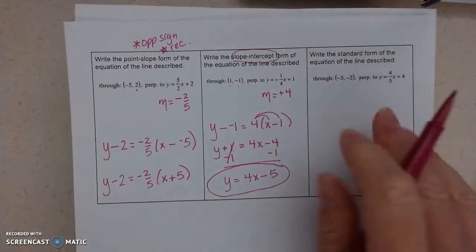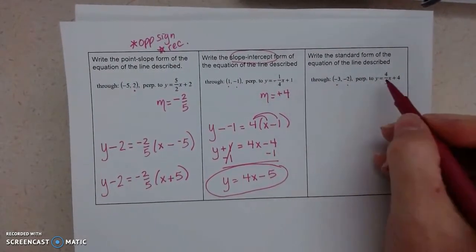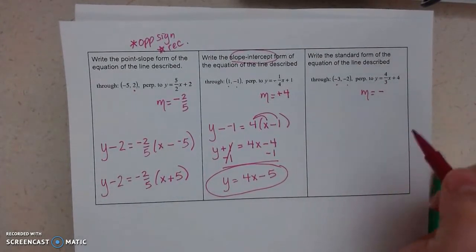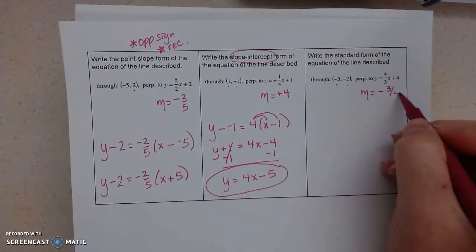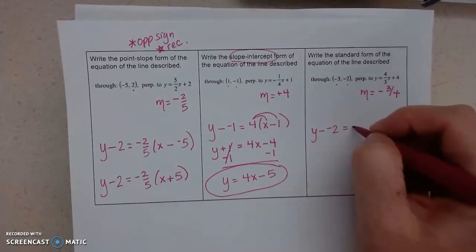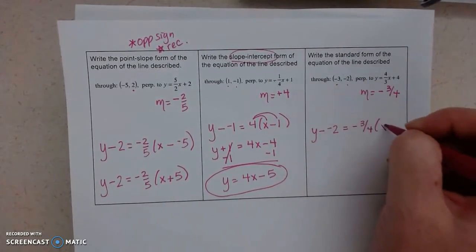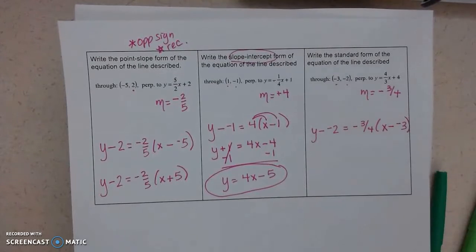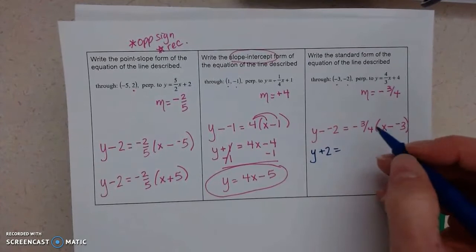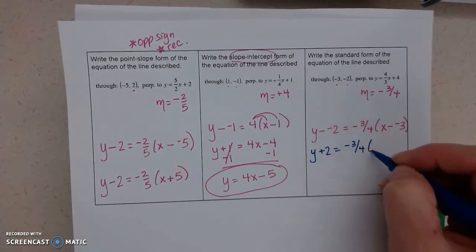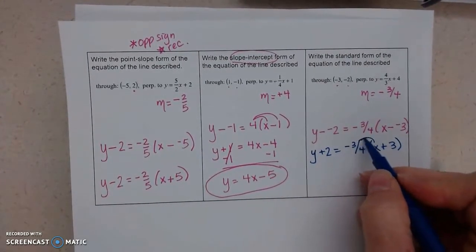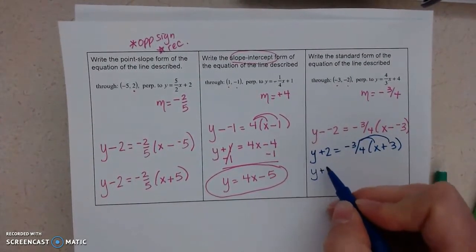Our last equation, we're given a point. So perpendicular, our new slope is going to be negative since the original is positive, and the reciprocal is 3/4. So y minus y equals our new m, x minus x. So let's simplify. Y plus 2 equals, I'm going to simplify this before I distribute, and then I'll distribute so I don't make any errors with my signs.